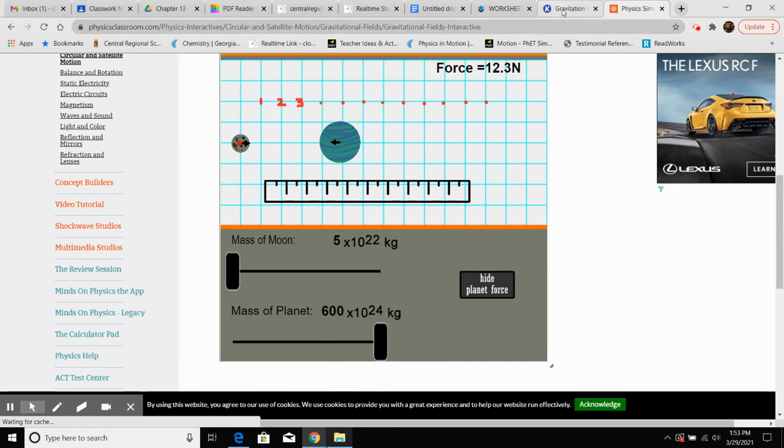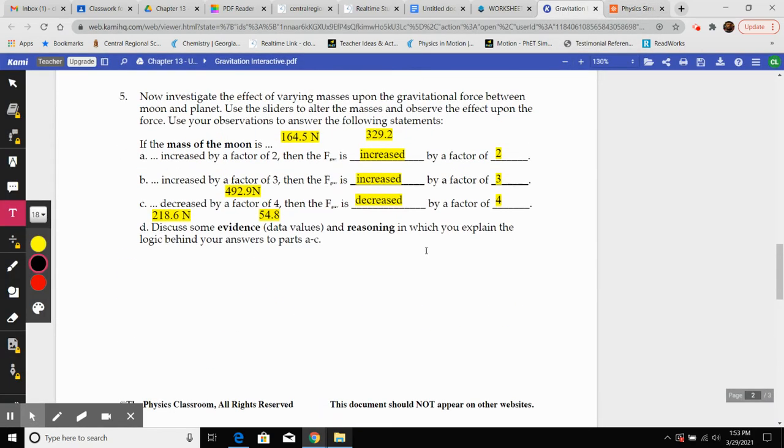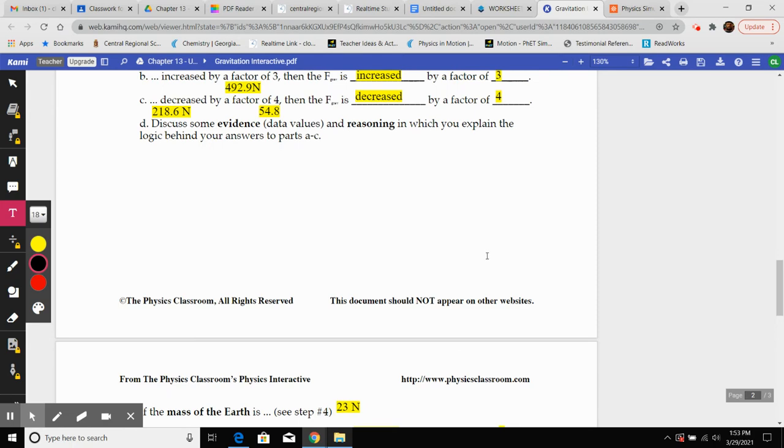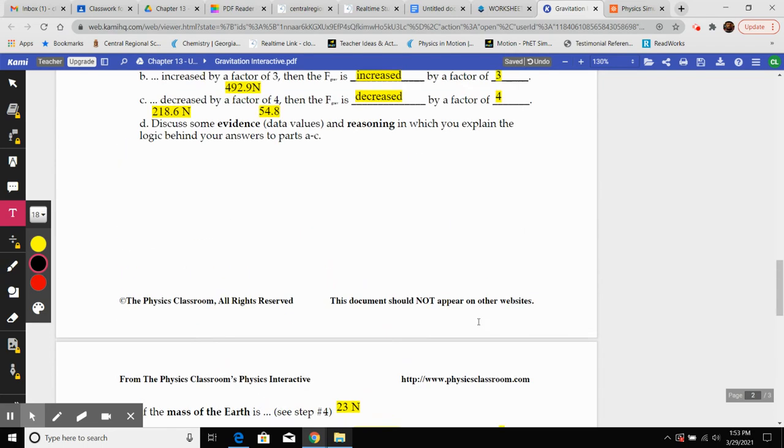But based on our patterns that we have concluded from our data, that should lead us to believe that by decreasing it by a factor of 4, it should be decreased by a factor of 4.